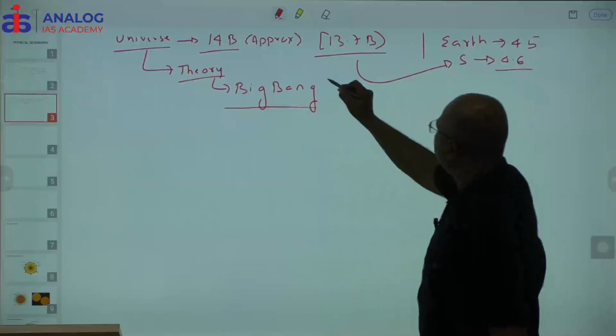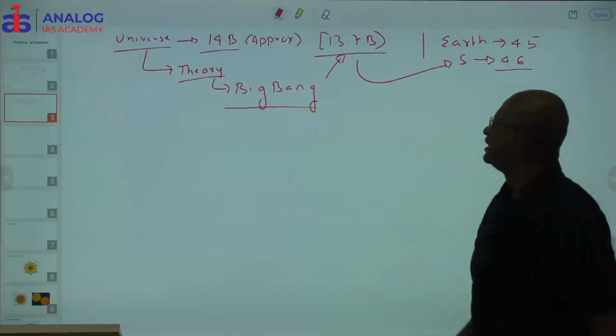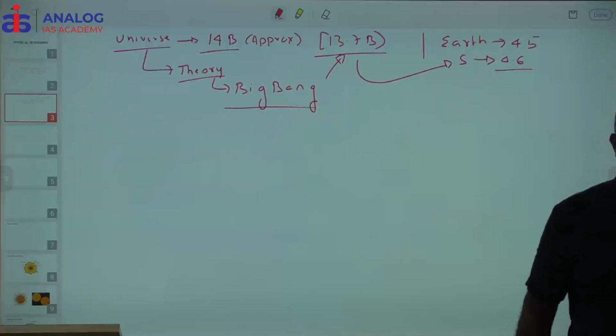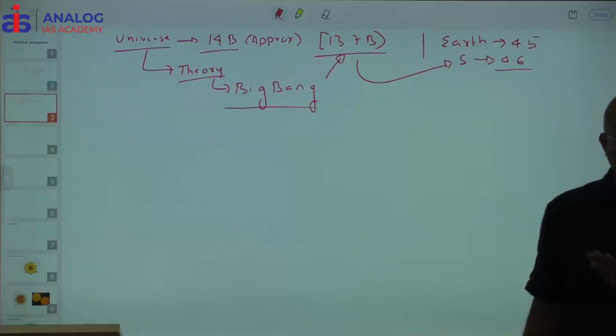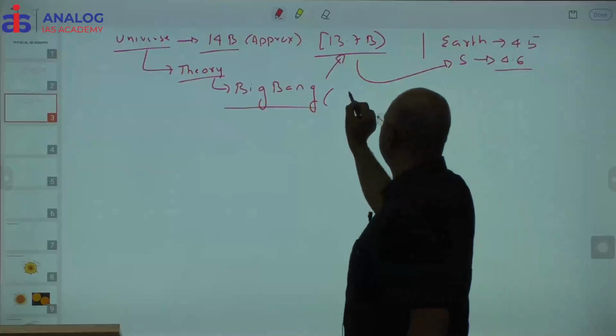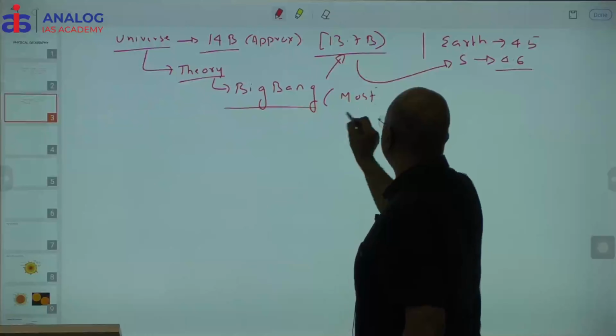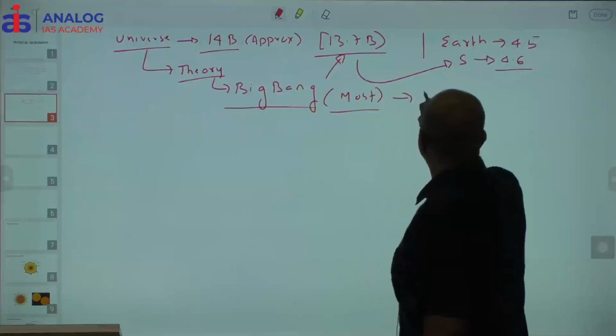And according to the Big Bang, the age of the universe is 13.7 billion years. Now, who proposed the Big Bang theory? George Lemaitre, and it is supported by many evidences. It is the most accepted theory, and it was given by George Lemaitre.